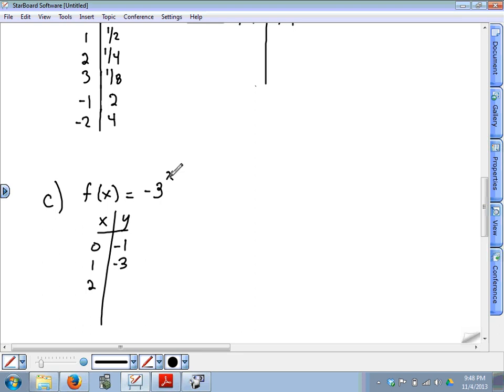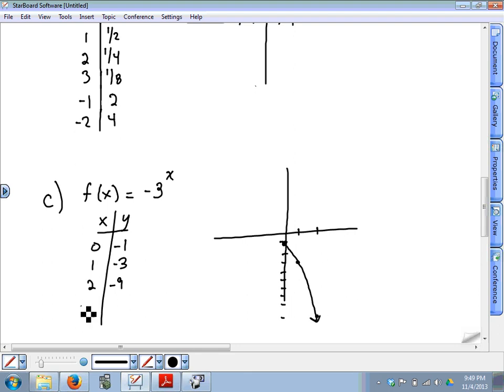If x is 2, 3 squared is 9, multiplied by the negative makes negative 9. So far we have these couple of points.